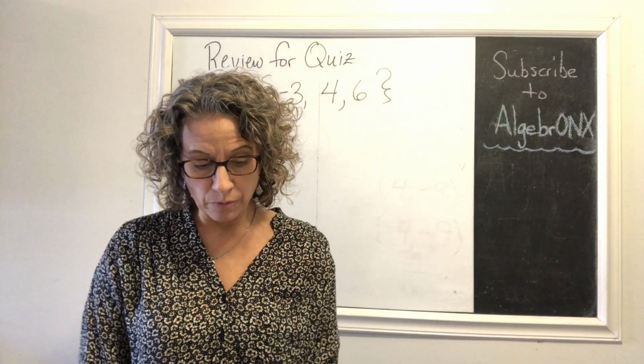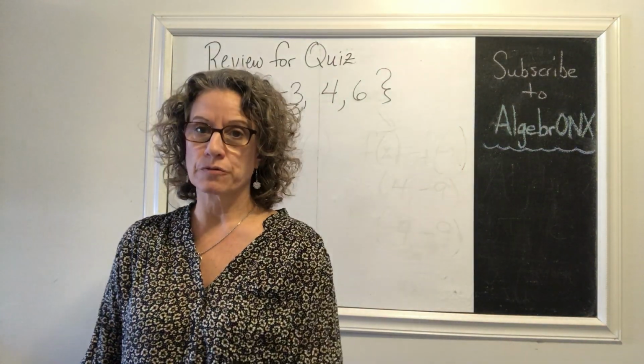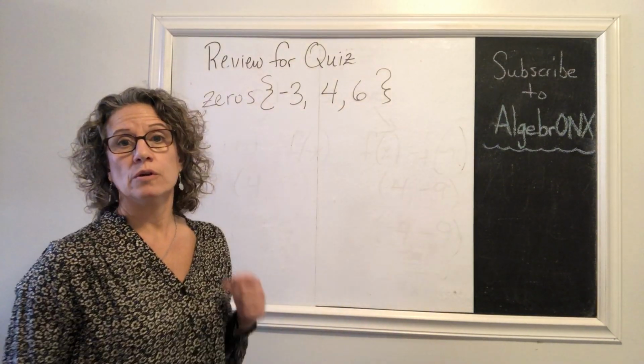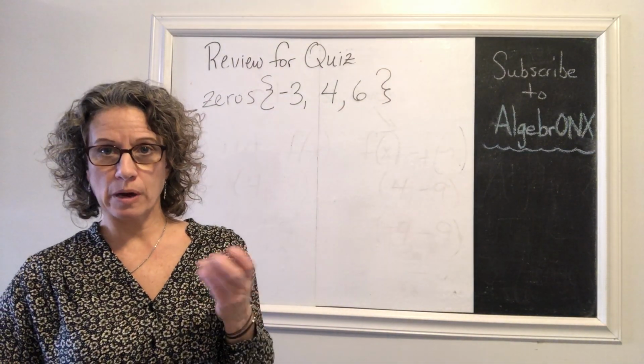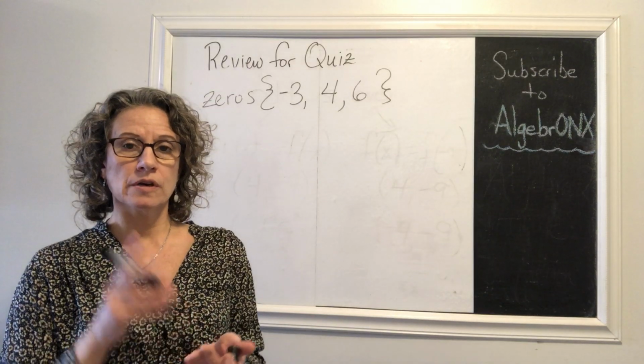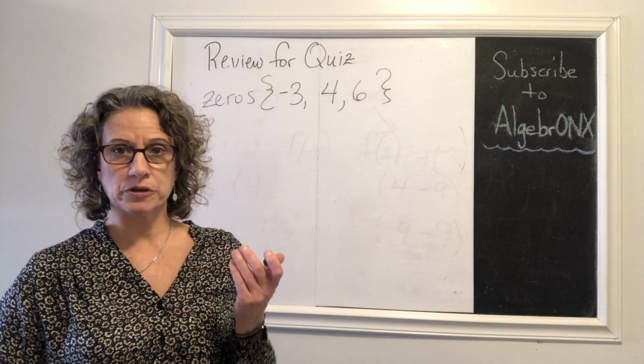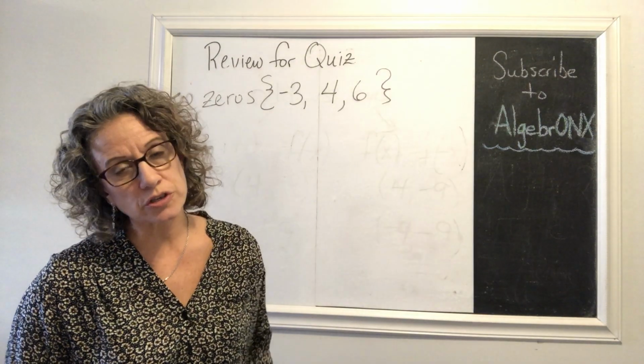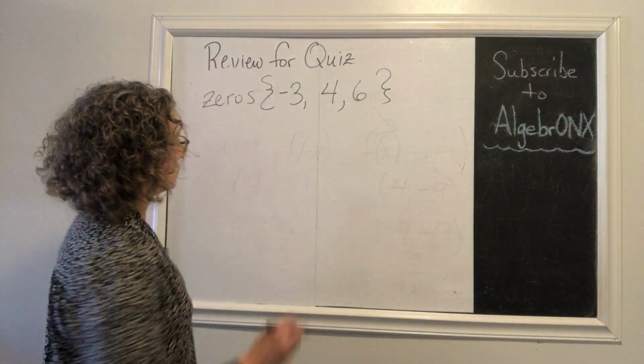There are going to be lots of different functions that fulfill these 3 zeros. In order to be specific about one in particular, we would have to say that the graph also goes through a particular point, and give that point. So this is just a general question: how would you write that function?